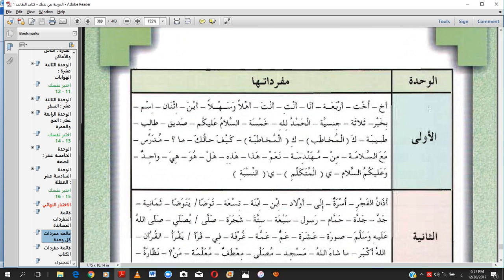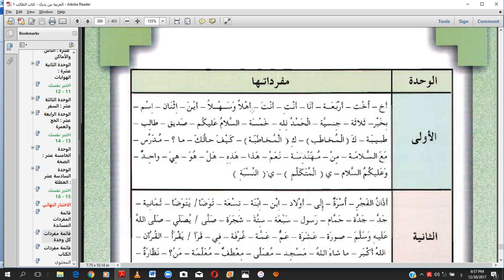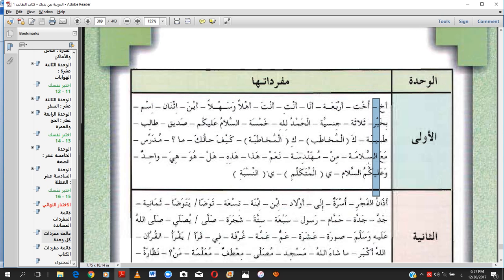Each unit. The first unit: brother, sister, four, I, you, welcome, where, two, and not ithnayn, right? This is what we learned. So this is a summary of the vocabulary from the first unit. All right.